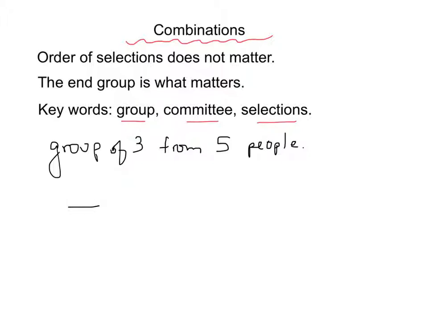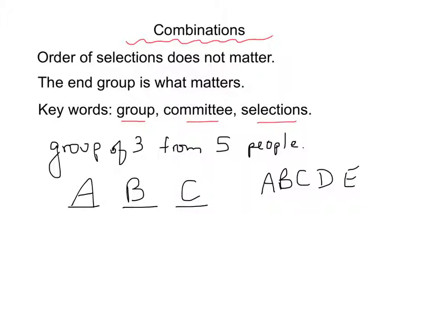So the difference is this. Again, I got those same people, A, B, C, D, and E. And I believe their names were Abigail, Bob, Claire, Dora, and Ellen. And so I'm going to choose those 3 people and say I choose A, B, and C to be the 3 people that I send to the loading dock.